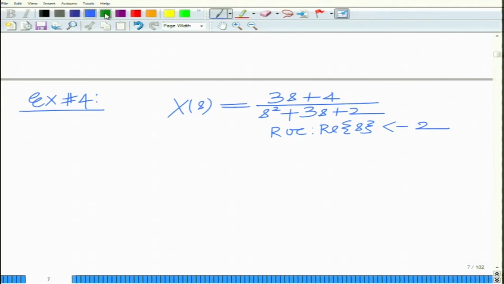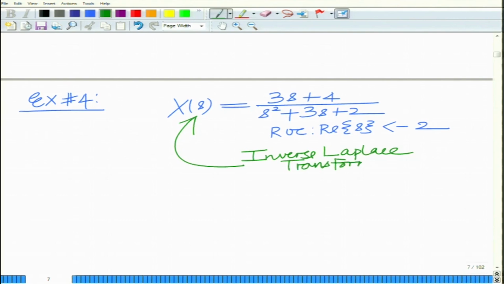Now, we want to evaluate the inverse Laplace transform. That is, what is the signal x(t).